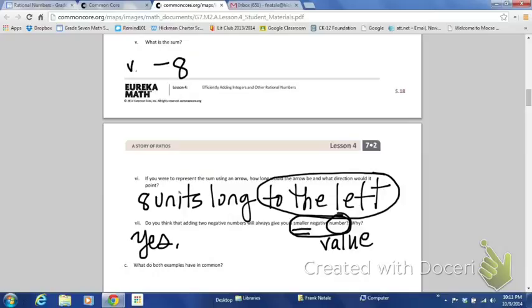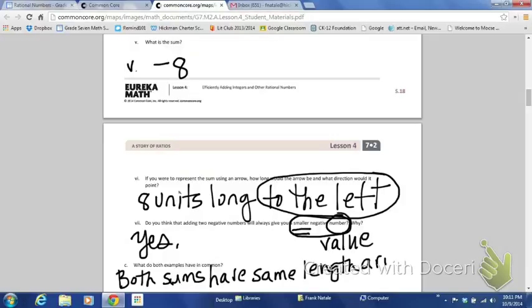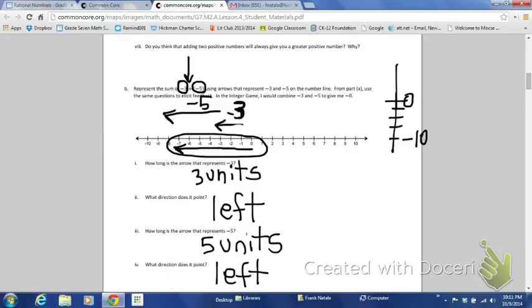So both sums have the same length arrow, which means they have the same absolute value.